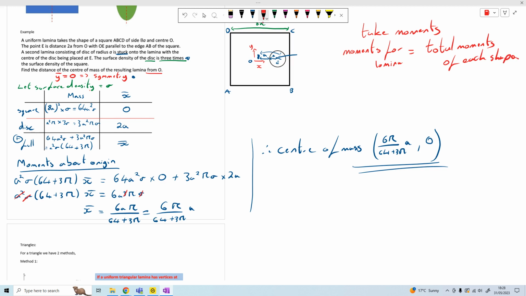That's a thing to consider for these kinds of questions. And this can work for other shapes as well, when we deal with triangles and things like that.